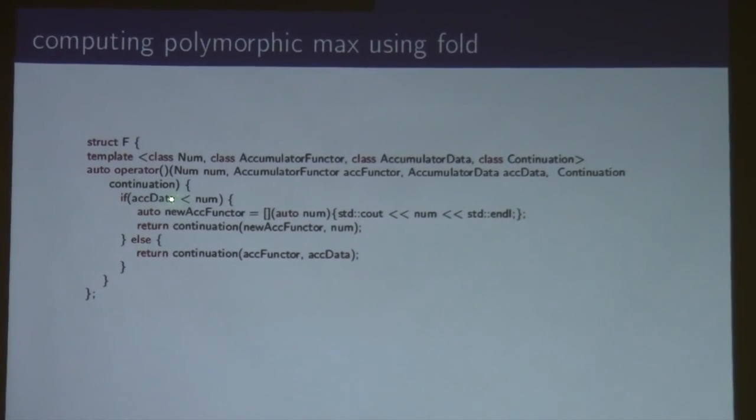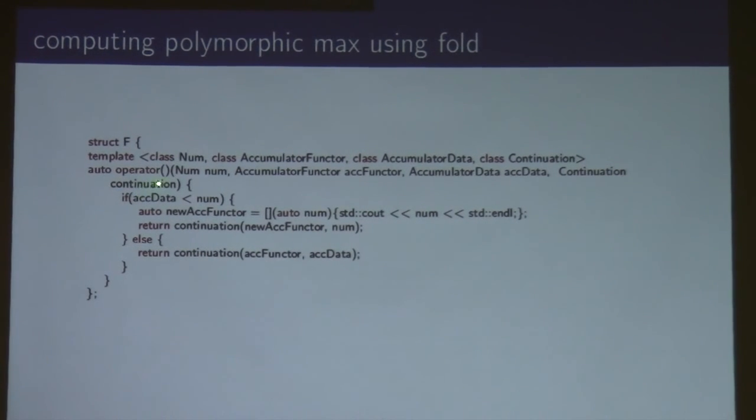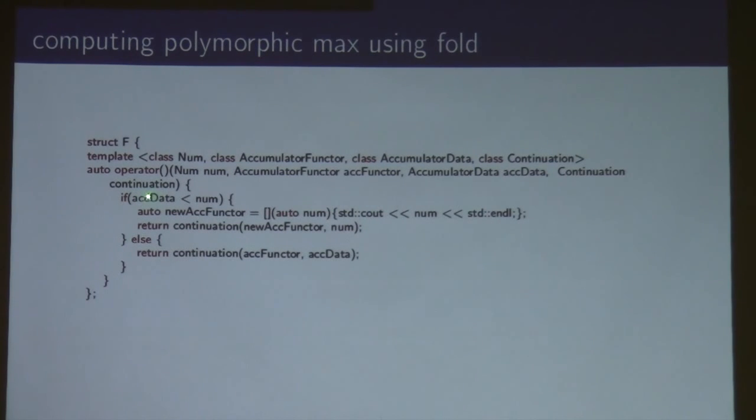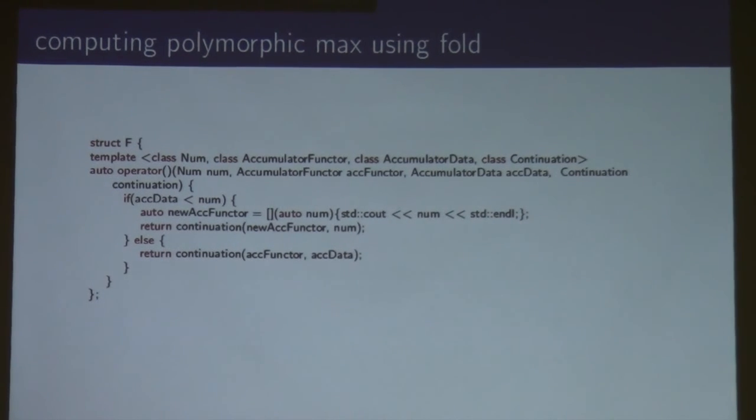Our accumulator data is currently the biggest number, and instead of returning the new best number, we call continuation, and we provide this number, and we also provide the functor which just prints this number, and we just return the previous accumulator functor and previous accumulator data otherwise. So the implementation of this fault was creepy and scary, but the implementation of this functor is actually almost the same as before, and that's what matters here.